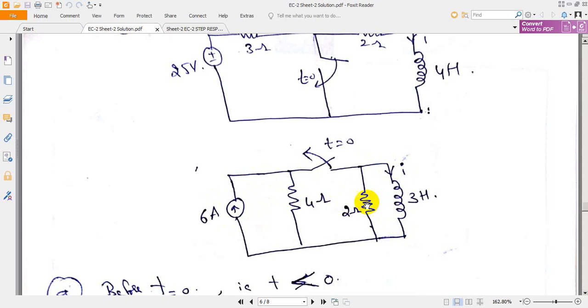Current division means these two are in parallel. We can combine 4 and 2 as 4 into 2 divided by 4 plus 2, which gives 8 by 6, and the resistance here is 0. So the current flowing through this will be the total current 6 into the opposite resistance divided by the total resistance, and you will get the same current.